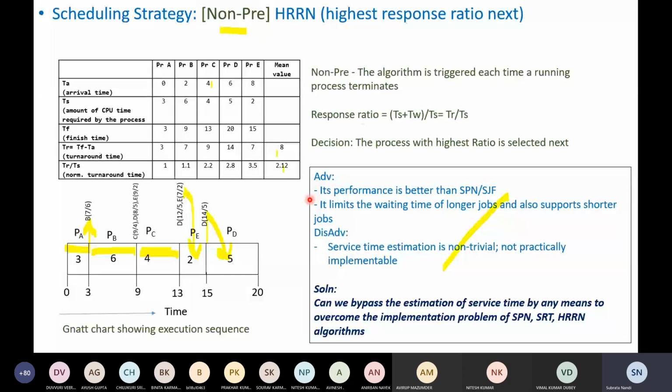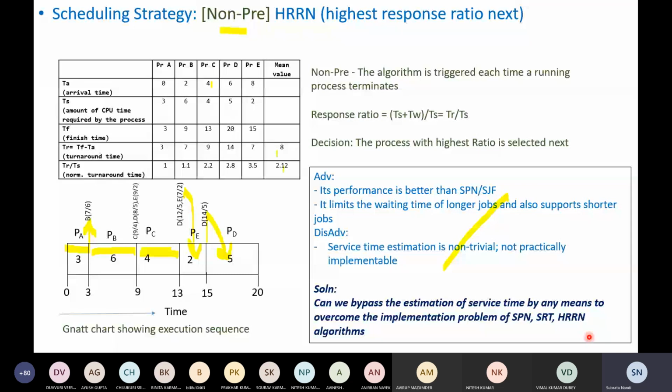So we gradually found that the mean value of the turnaround time and the normalized turnaround time was better compared to FCFS if we consider the service time and the waiting time. But we cannot bypass the estimation of the service time by any means in any of these three processes. And FCFS is definitely not considered a probable implementation in an operating system.